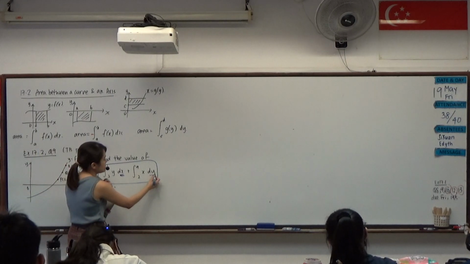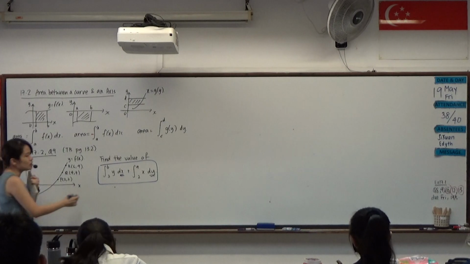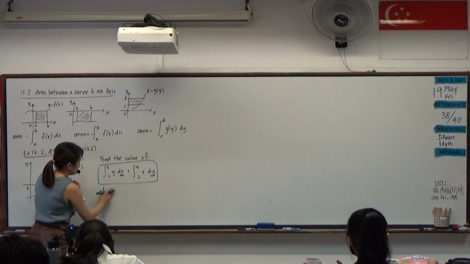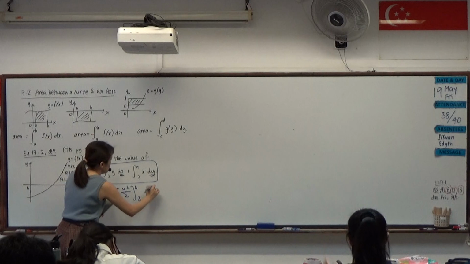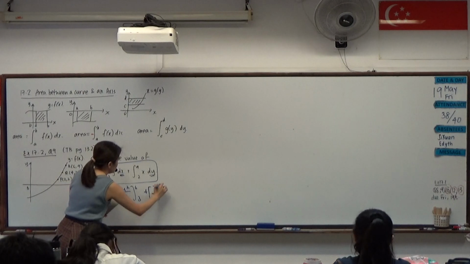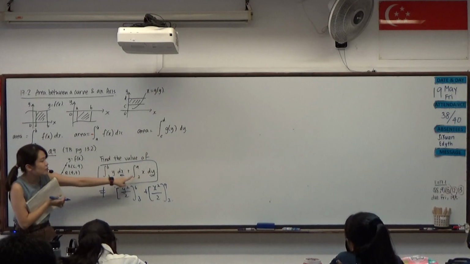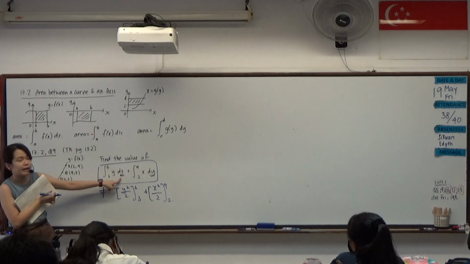And then over here, we're integrating with respect to y. So you cannot say that it is actually y squared over 2, 6 to 3, and then x squared over 2, 9 to 2. This is not correct because of the things that we're supposed to integrate with respect to. This is supposed to be with respect to x.